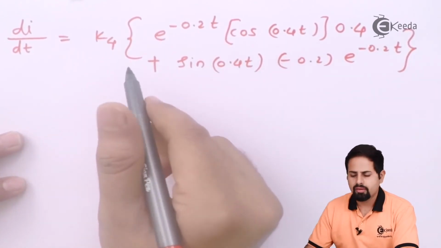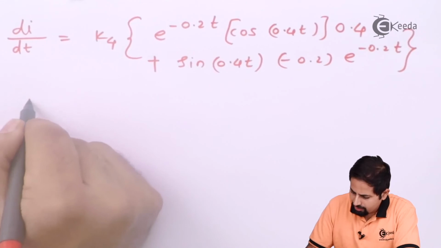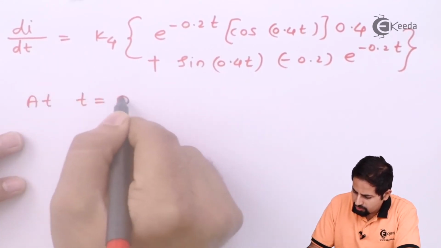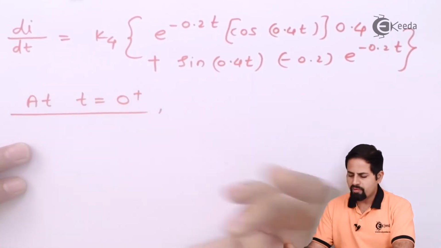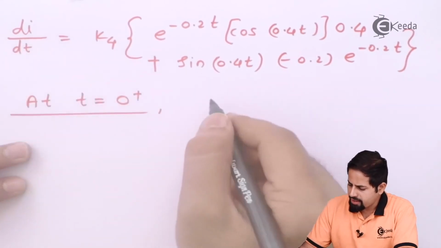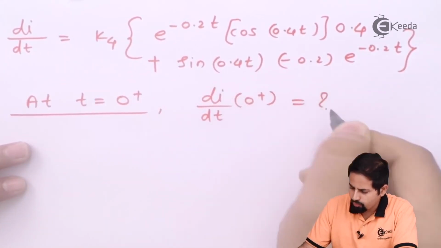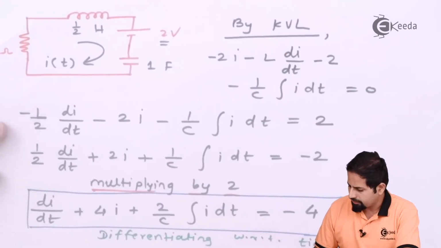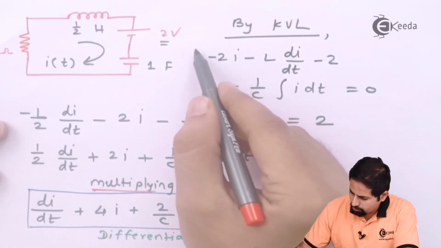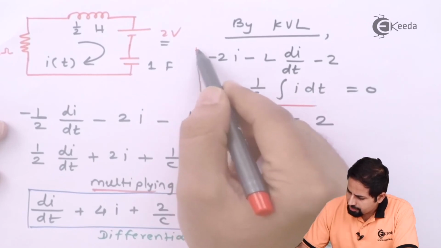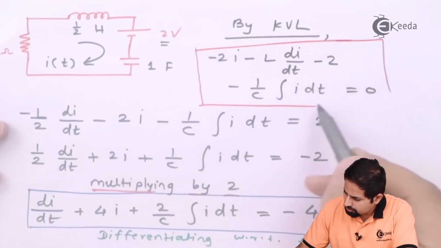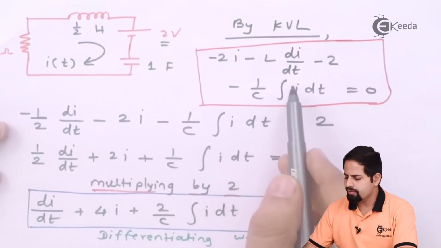We will solve this later, but before that we have to apply this at time t equal to 0 plus. But what is di by dt at 0 plus? We don't know, corresponding to case 1, but this equation up to this place is the same.